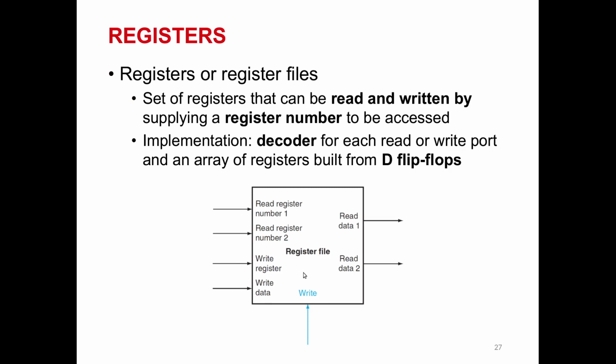This write data will be written into one register in the register file, which is shown by the write register. When the write signal changes from 0 to 1 or from 1 to 0, the write operation will occur in our register file.